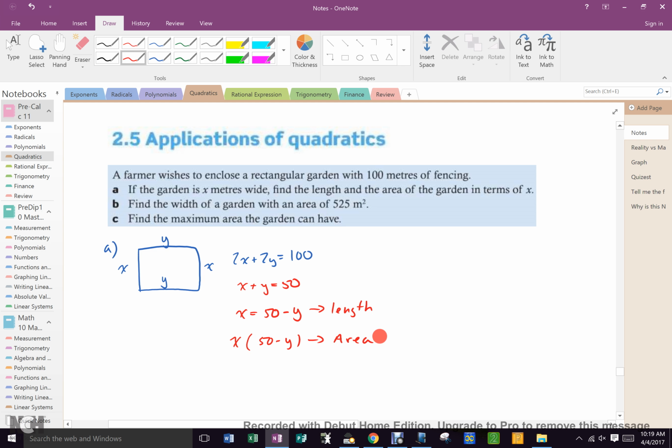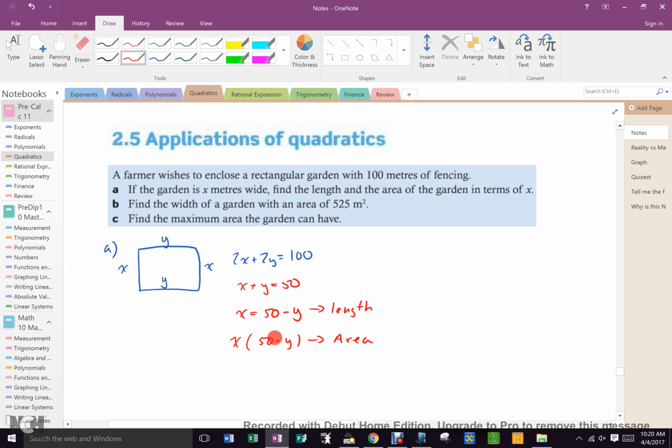Is everybody good to there? Okay. Can I do anything with this? Oh, it's not 50 minus y.